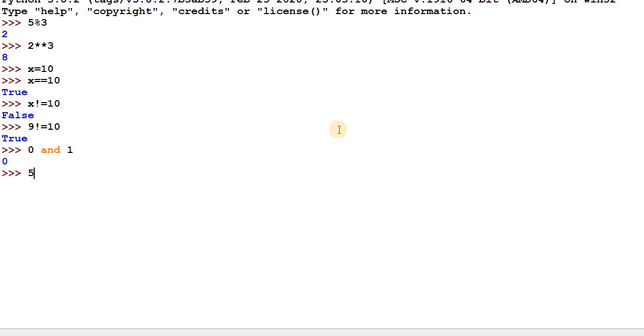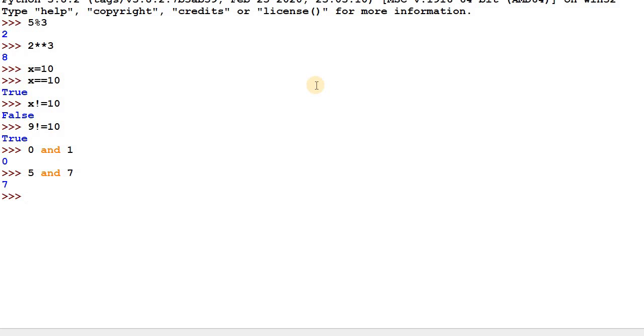Suppose I am using 5 and 7. So 5 is true and 7 is also true. First it will check the first operand, 5 is true, then the control goes to the other operand. If the second one is also true, the second one will be returned. So it will return 7. Okay. So in this way, Python evaluates the AND operator.